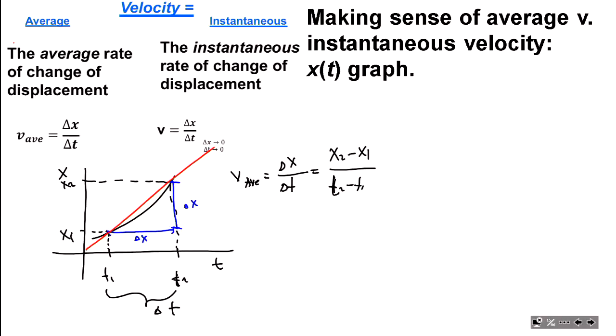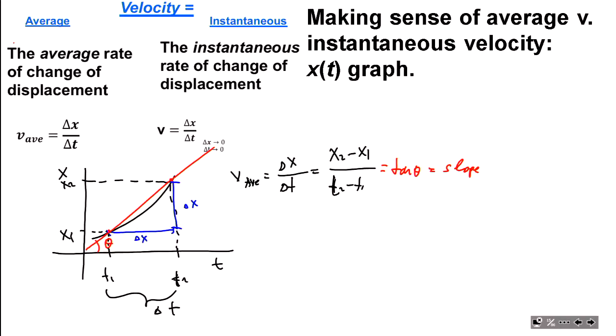The slope of this line, or the tangent of this angle. So this is the meaning of the average velocity. We can draw a line through two points, and the slope of that line, or the tangent of that angle, is equal to this average velocity.